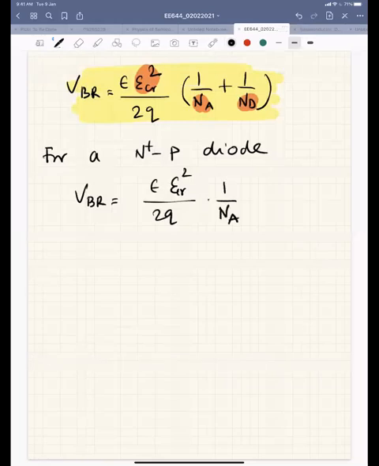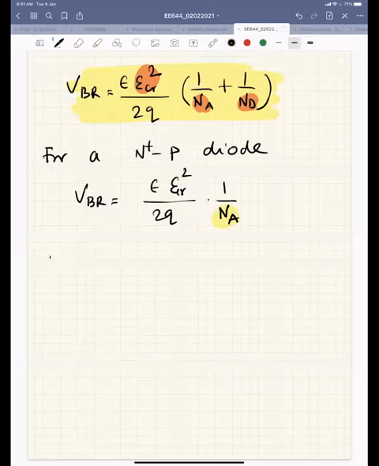For an N plus P diode where Nd is much higher than Na, your breakdown voltage will depend only on Na, right? So your breakdown voltage will depend on Na.